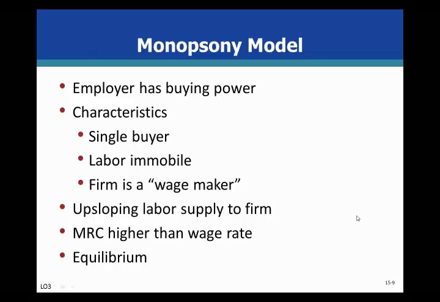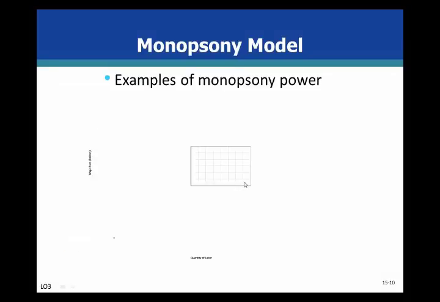Looking at our first model in regards to a single buyer. The firm is the wage maker. Basically, we're looking at an upsloping labor supply to the firm, and the marginal resource cost is higher than that wage rate.